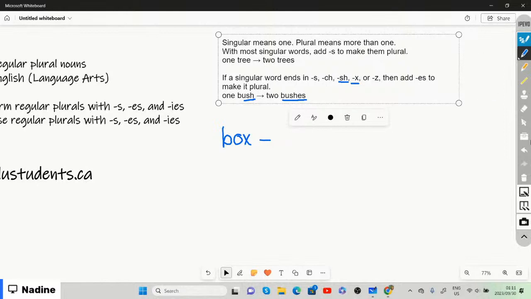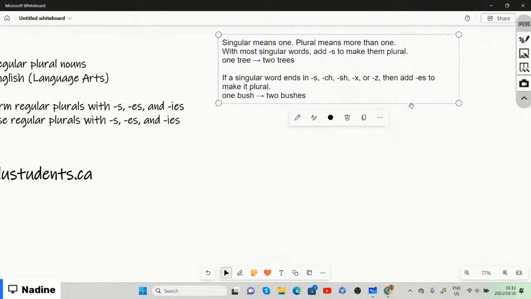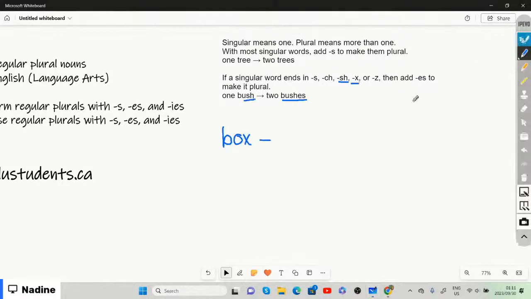If we have one box, then we can say we have two what? Two boxes, right? But do we just add the S or do we add the ES after our X? One box, so we will say two boxes, and we added the ES.